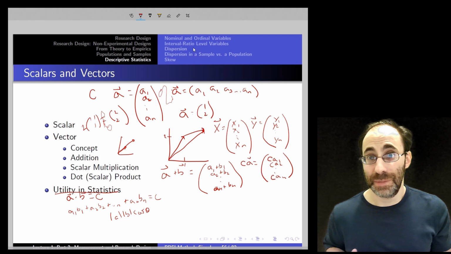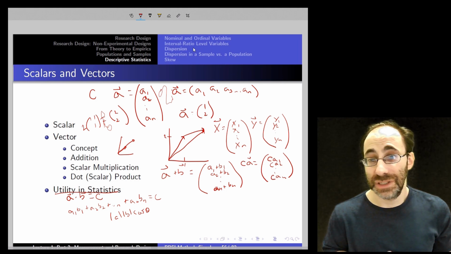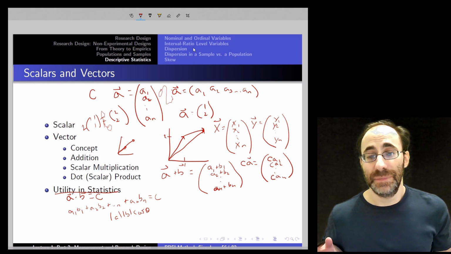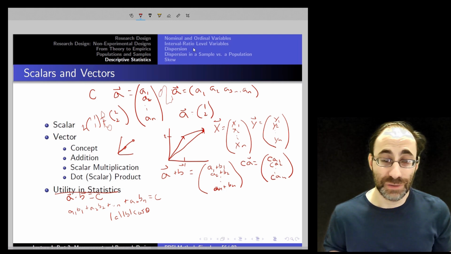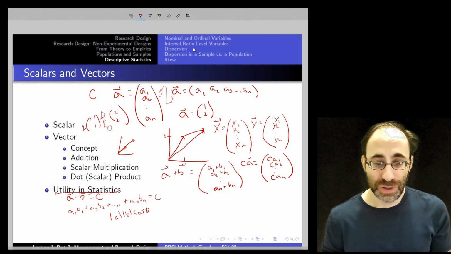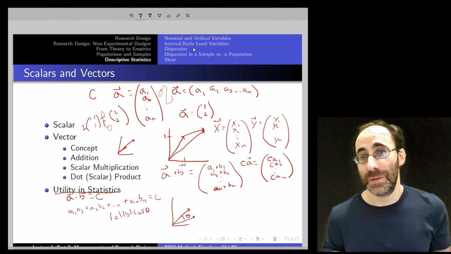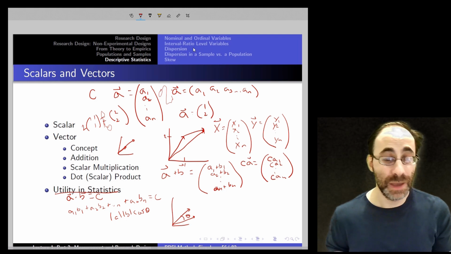So there's no overlap, they're perpendicular. Whereas if the angle is 0, so exactly in line with each other, then the dot product is just the multiplication of the lengths of the two vectors. And the angle, again, if you draw the two vectors out, would be the angle between them. So if this is vector A and this is vector B, this is the theta we're talking about. So if it's 90 degrees, they're perpendicular, and if it's 0 degrees, they're in the same direction.